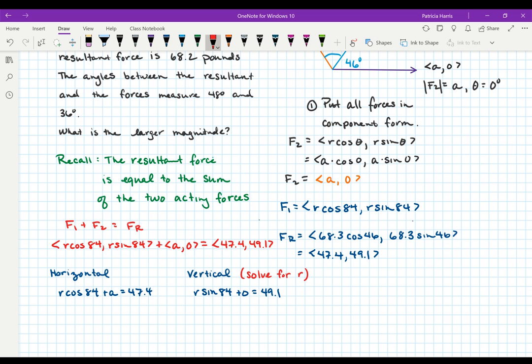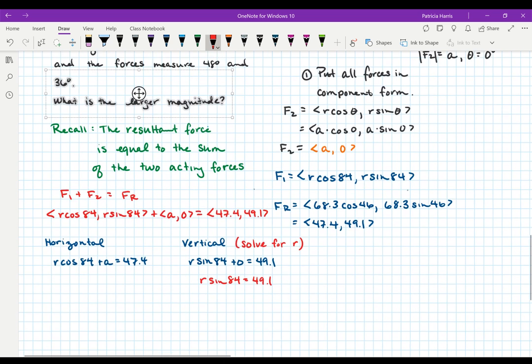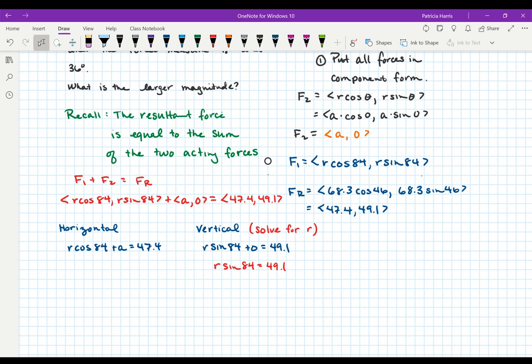Okay, so we're simply going to do R times sine 84 equals 49.1. So we're going to divide by sine of 84. So we get R is equal to 49.4 with rounding.